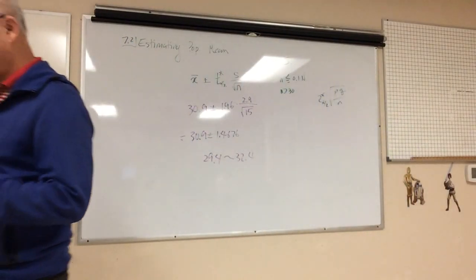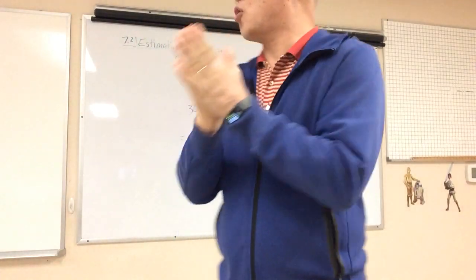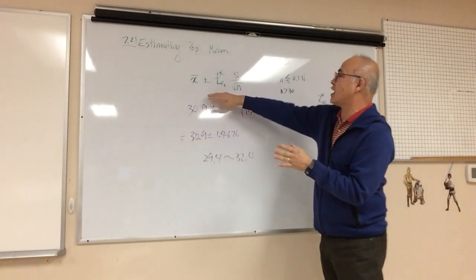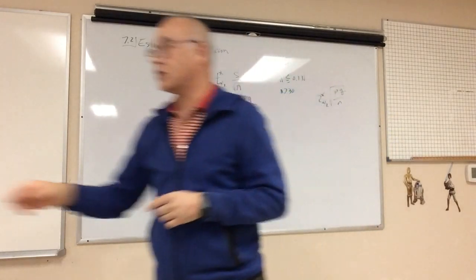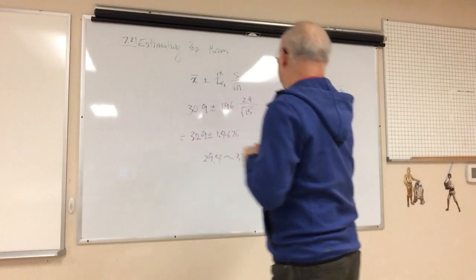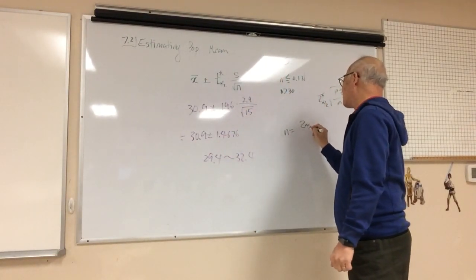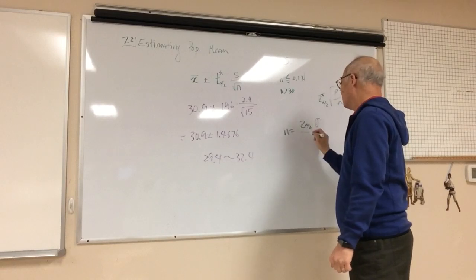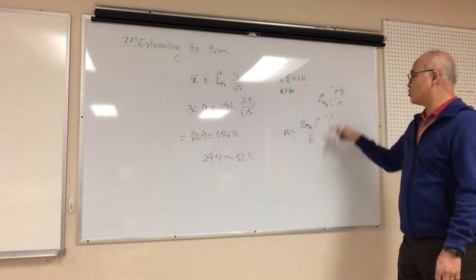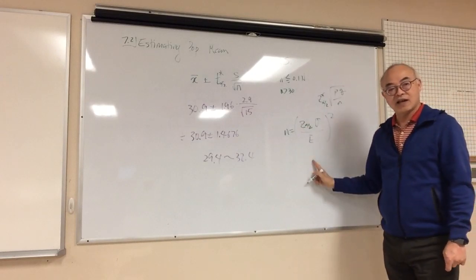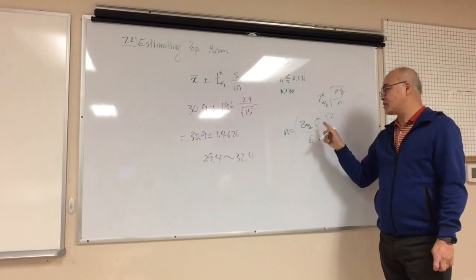So what did we learn today? Let's wrap it up. In trying to find this, the equation that we used was this one instead of the t, right? The question is, how do we get sigma?